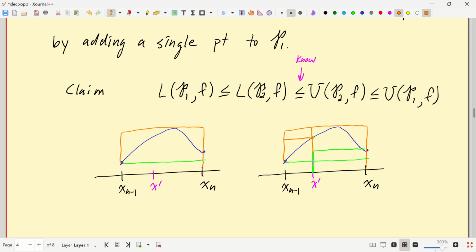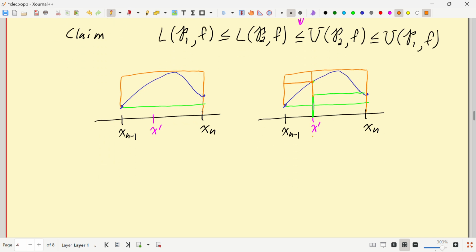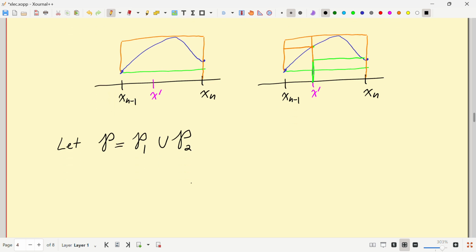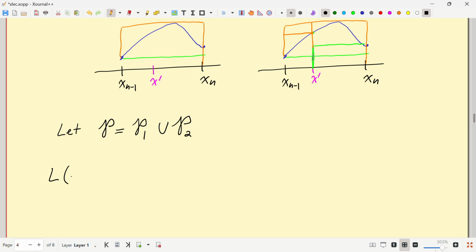Okay, so that's easy. Now, if you have two partitions, you do this one point at a time. If you have two partitions, you compare them: you let P be the union of the partitions. Then you use this fact to see that L(P1, f) is less than or equal to L of the union.